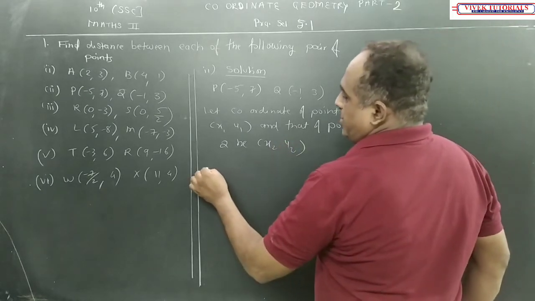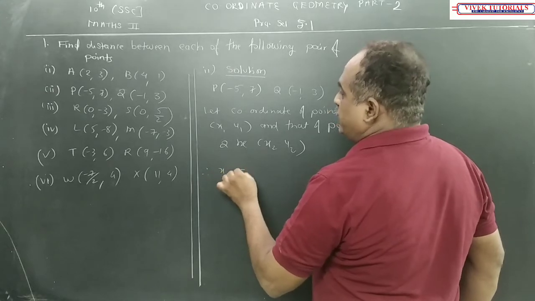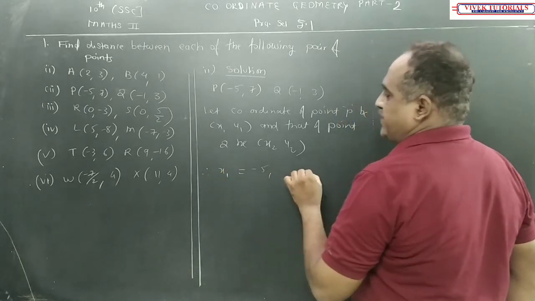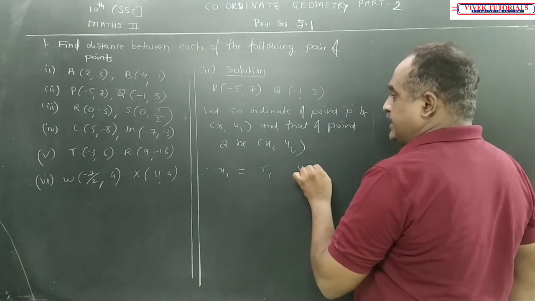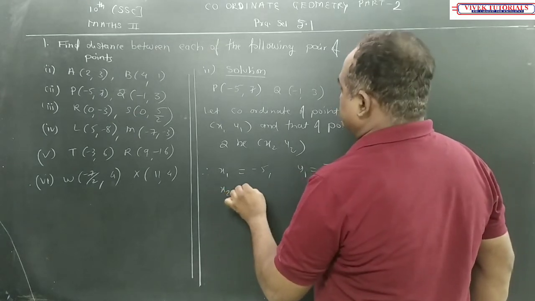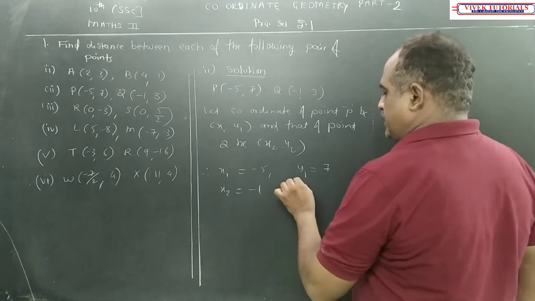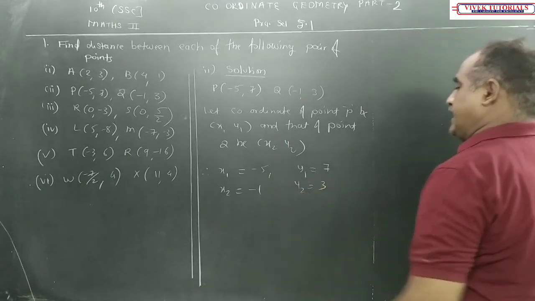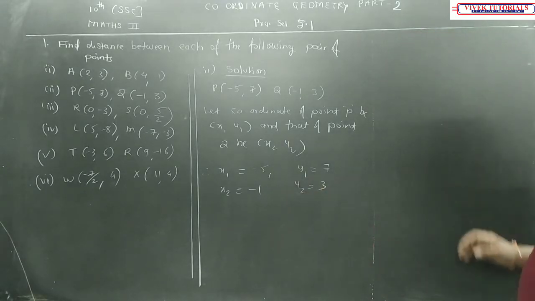Therefore, what I can write is x1 is equal to minus 5, y1 is equal to 7, x2 is equal to minus 1 and y2 is equal to 3.